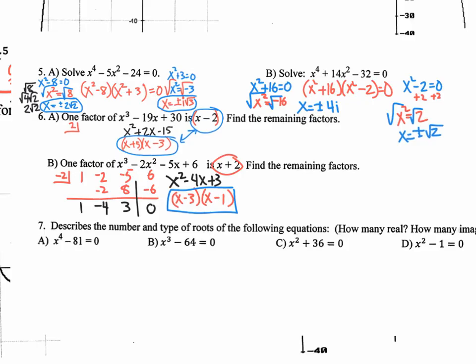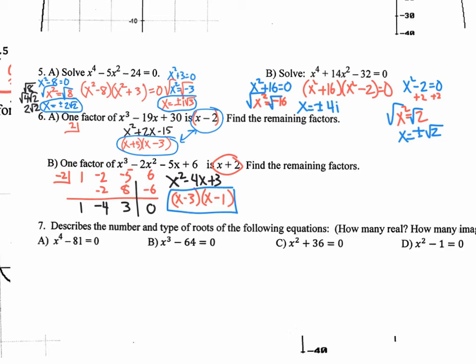Okay, guys, on number 7, there's going to be an easy question like this on the final exam. It says, describe the number and type of roots of the following equation. In other words, what are roots? Like we said earlier, the picture on the wall, roots are solutions. They are our x-intercepts. They're the answers, right?